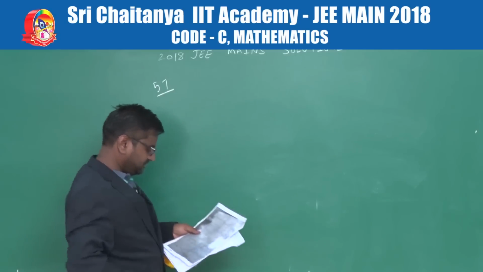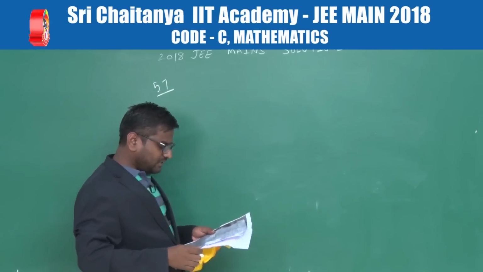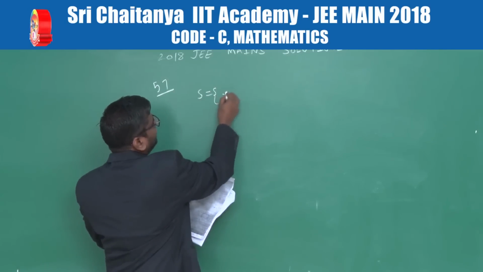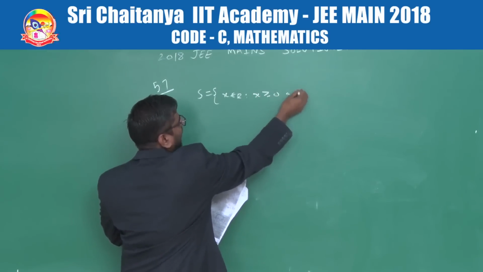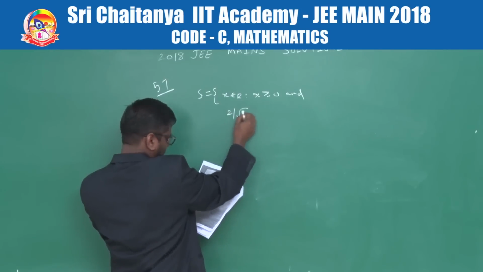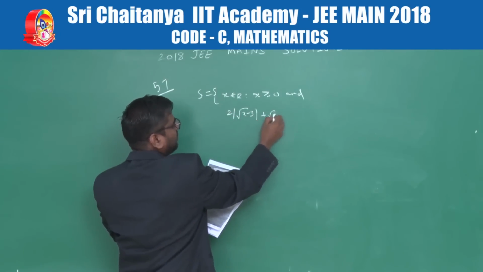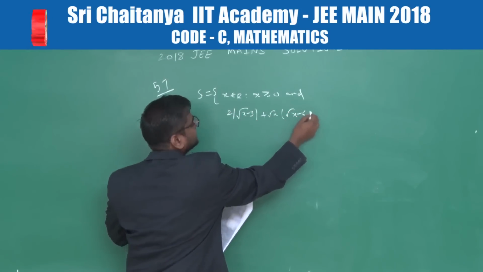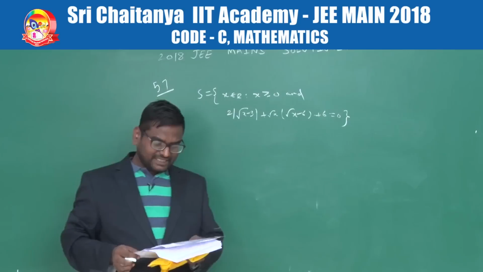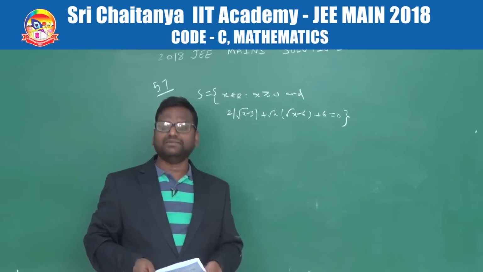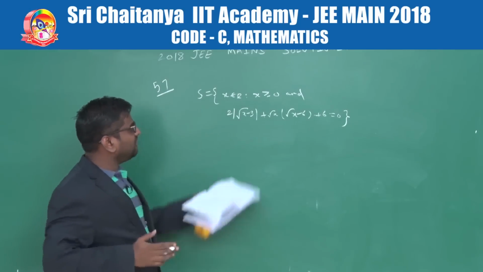57th question. S equals the set of x belonging to R such that x is greater than or equal to 0 and 2 mod (root x - 3) + root x (root x - 6) + 6 = 0. Now this set will contain how many elements? So obviously we need to solve this equation.